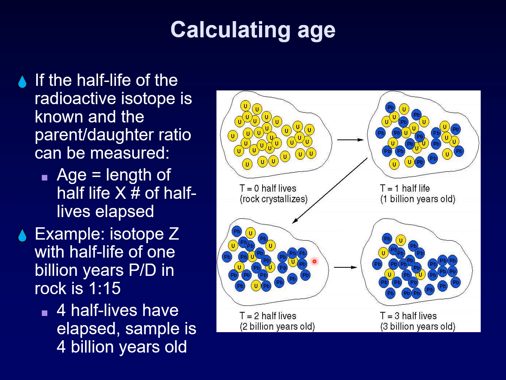Then we go down here, we measure the ratio, and it's 1 to 3, so we know 2 half-lives have taken place, so that is 2 billion years old. Then we get down here, and we have a ratio of 1 to 7. We know 3 half-lives have taken place, so this is 3 billion years old. And if one more half-life had taken place, and we see that the ratio is 1 to 15, we know 4 half-lives have taken place, so the next step in this mineral's decay would show that it's 4 billion years old.